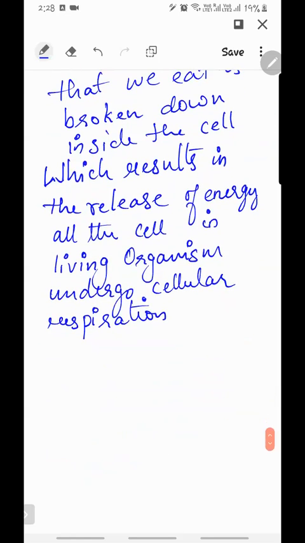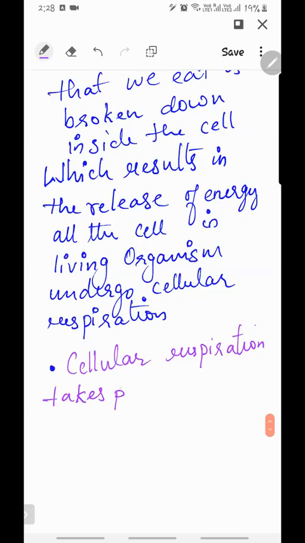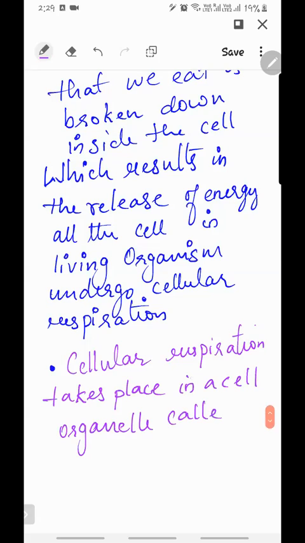And cellular respiration takes place in a cell organelle called mitochondria.